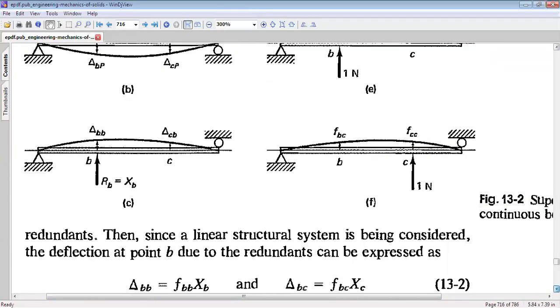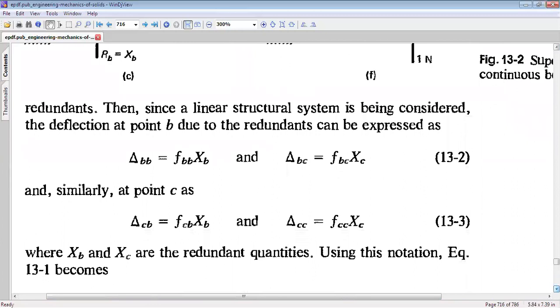Now, let us define flexibility coefficients.